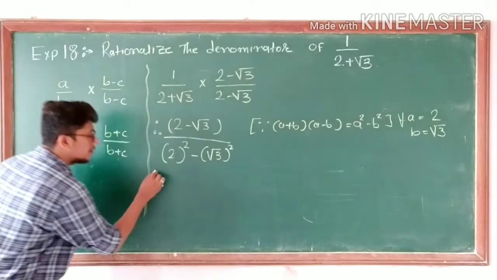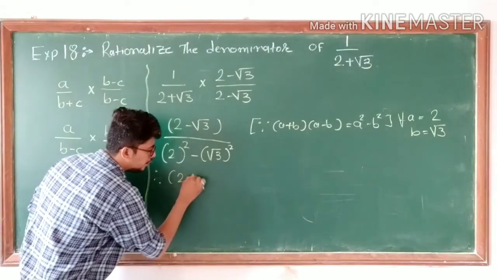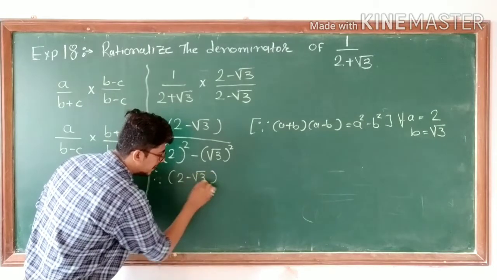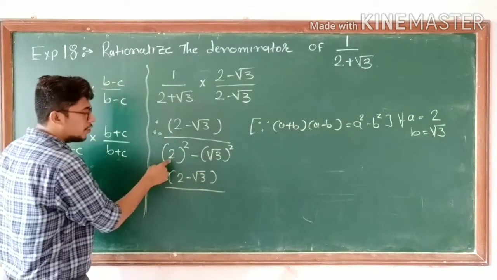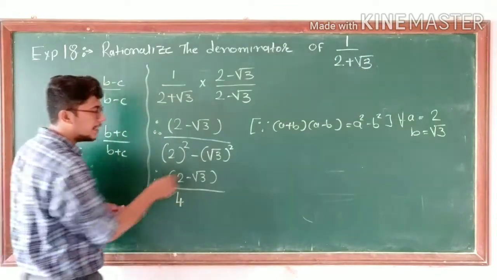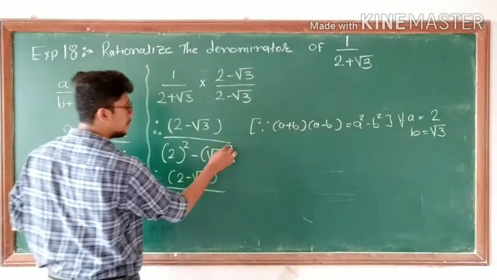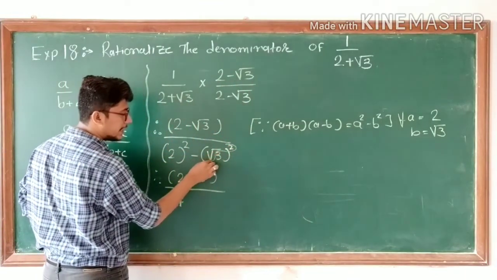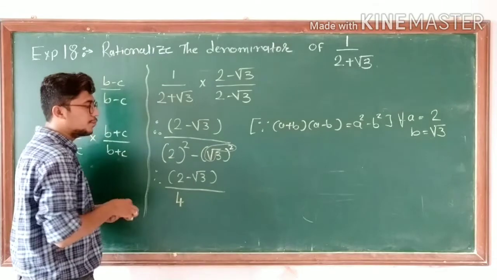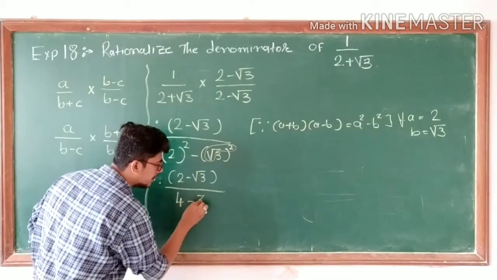Yes. So now 2 minus root 3 stays as it is, no change. Here 2 square is 4, and the square root and square will get cancelled, so the remaining value will be minus 3.